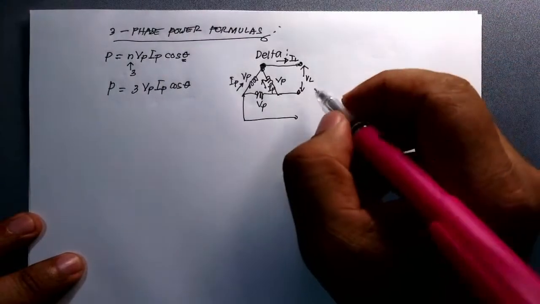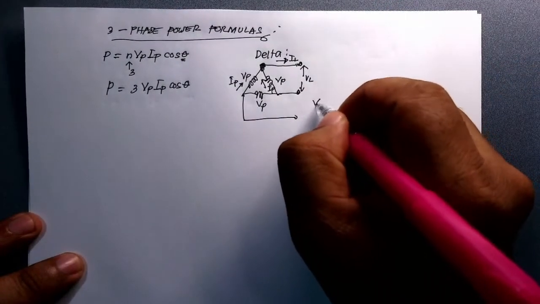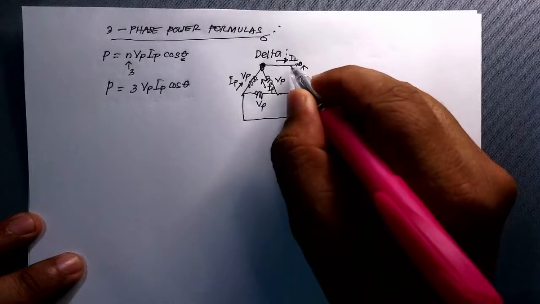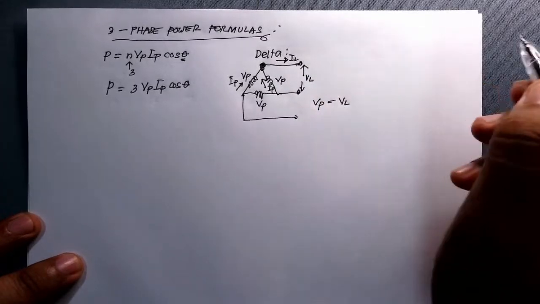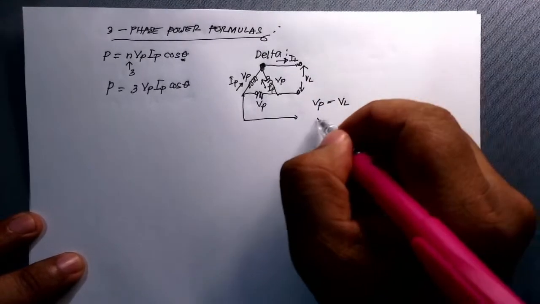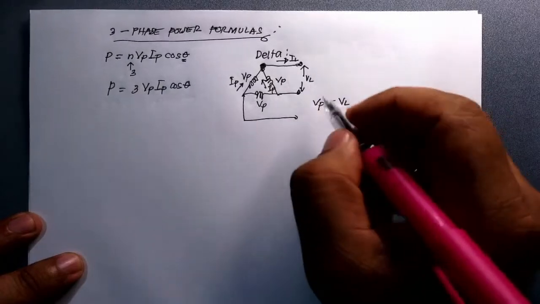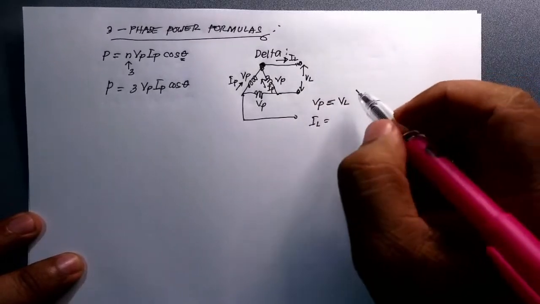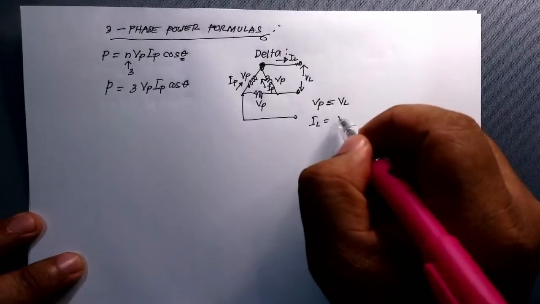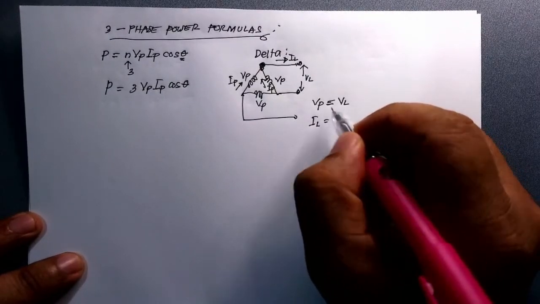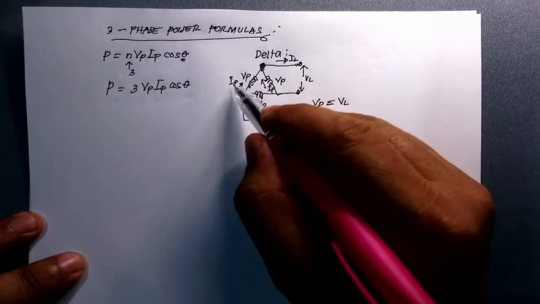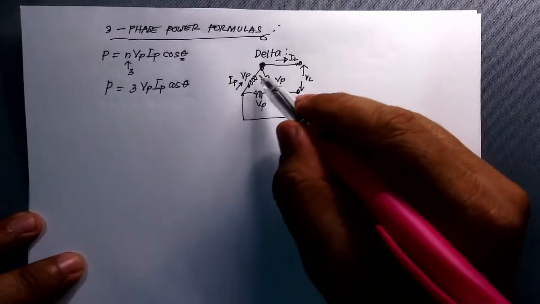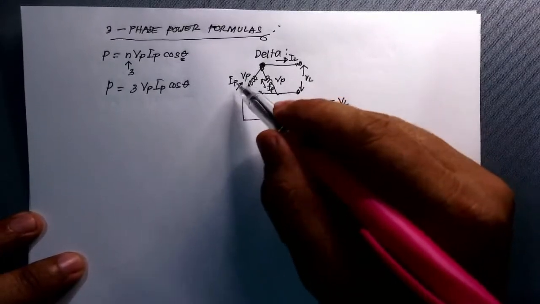We can find out that V sub P, the phase voltage here, is equal to the line voltage, and the current I sub L is actually twice the current that goes through the phase, the phase current.